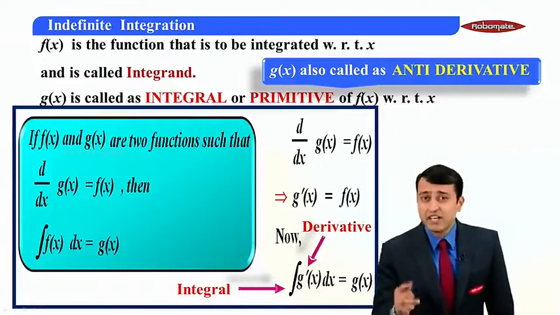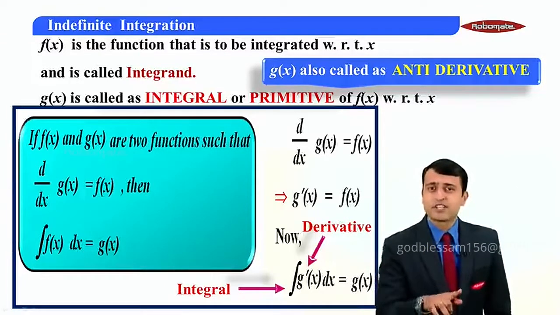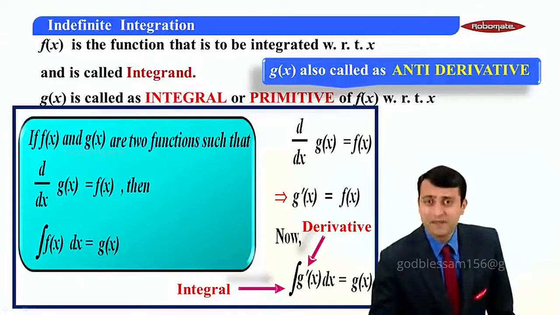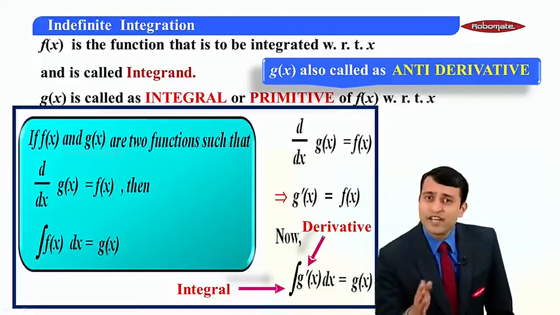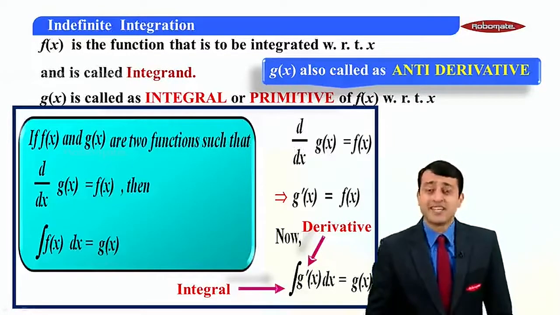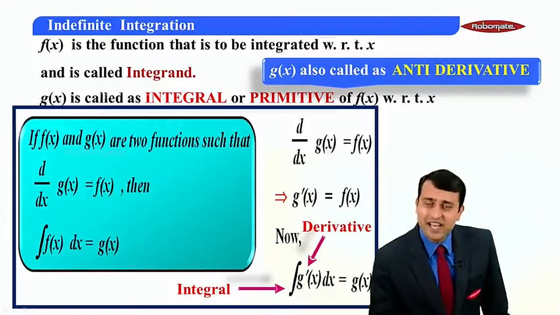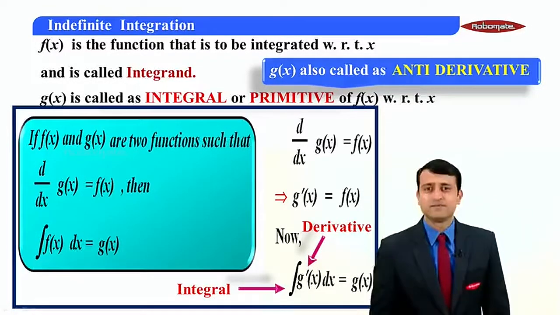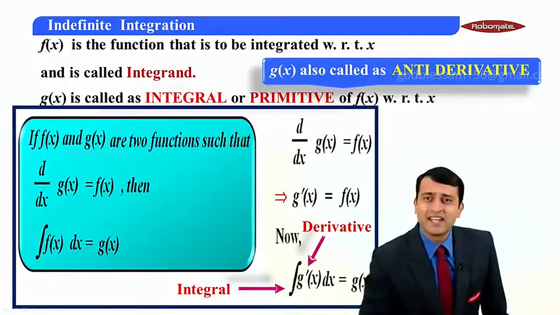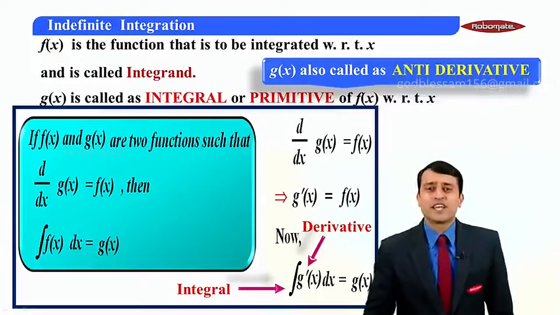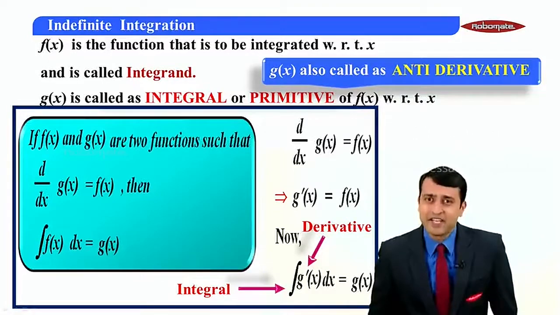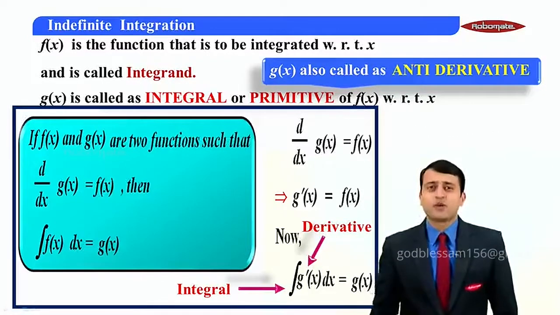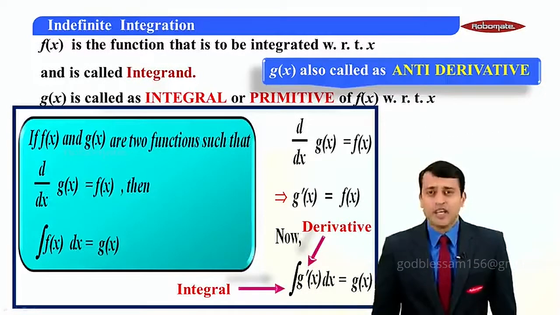That is, integral of derivative is giving me the function. Can we say that the action of derivative is nullified by integration? That means it is antiderivative. Therefore, we say integration is antiderivative. So this is all we need to know in this particular module. Thank you very much.